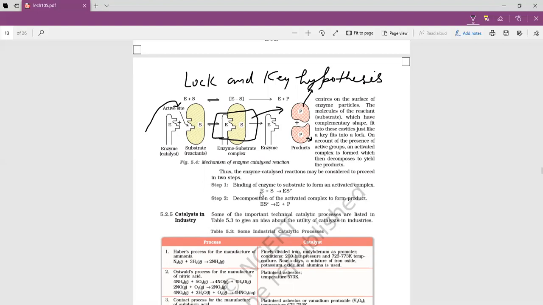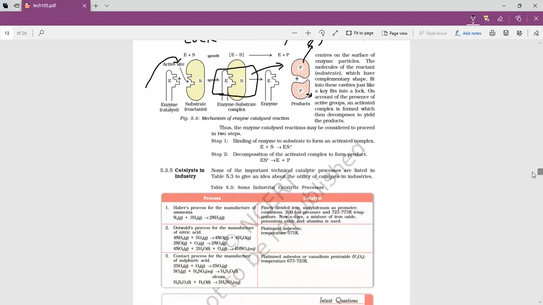So the first step is that the enzyme and substrate join together to form the enzyme substrate complex. Then the enzyme substrate complex further decomposes to form the products and the enzyme is released. Just like a catalyst, even enzymes do not take part in the chemical reaction to form the product. It gets freed and helps the next set of reactions to take place.